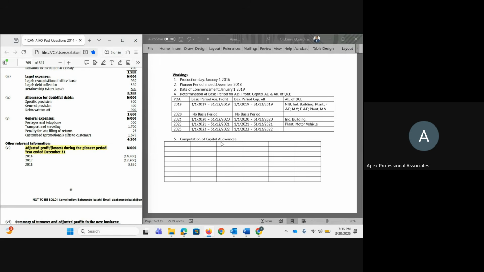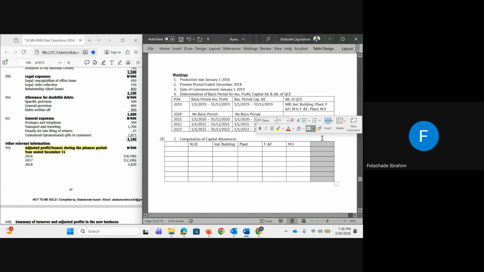Another thing I wanted to confirm: because it's pioneer period, all capital allowance will be added together for all years, right? If it is for other classes of capital allowance that are not pioneer, we only pick the capital allowance for that year that is related to the profit we are considering.